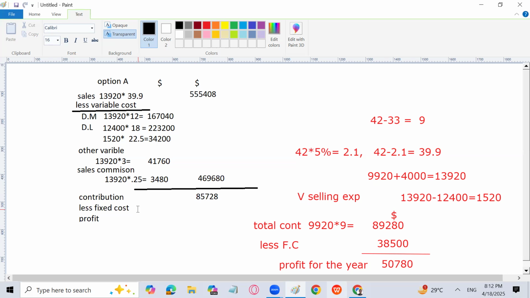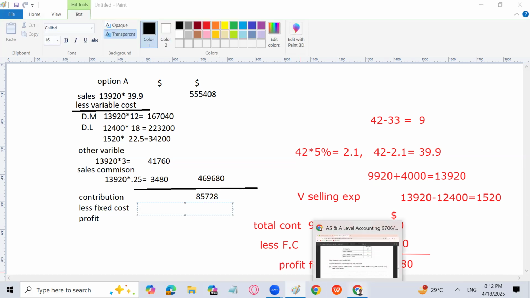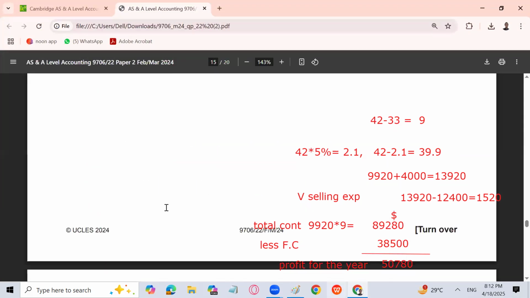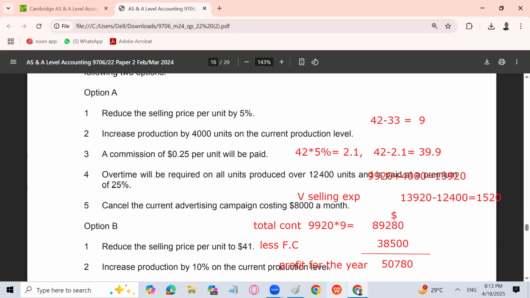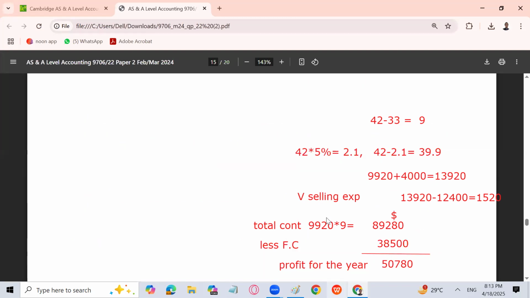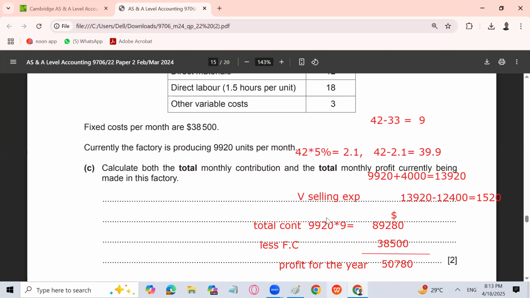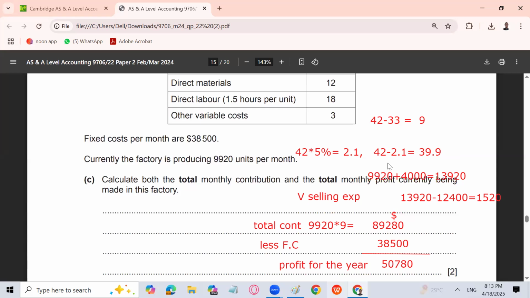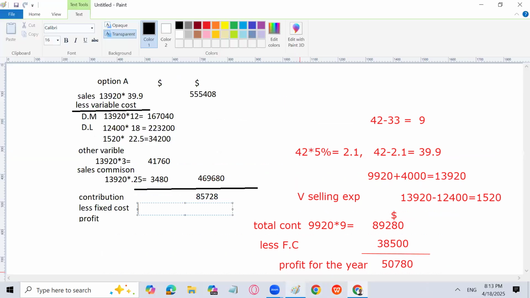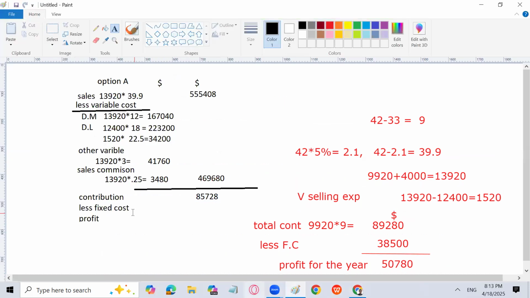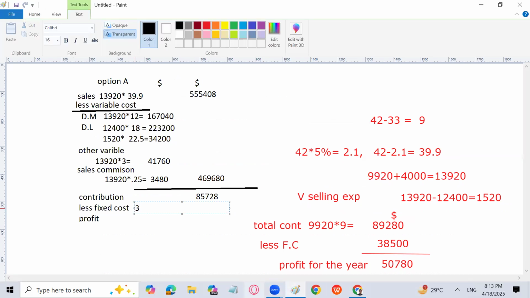Fixed cost, he said that fixed cost has decreased by 8,000. It is in option A. Cancel the current advertising campaign costing 8,000 a month. Advertising campaign is a fixed cost, right? Because every month we are used to paying advertisement of 8,000. So 38,500 is the advertisement cost minus 8,000.